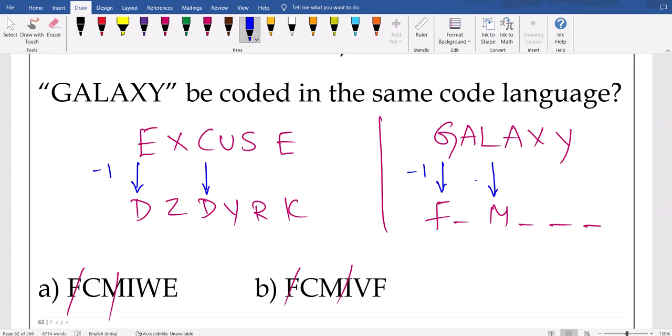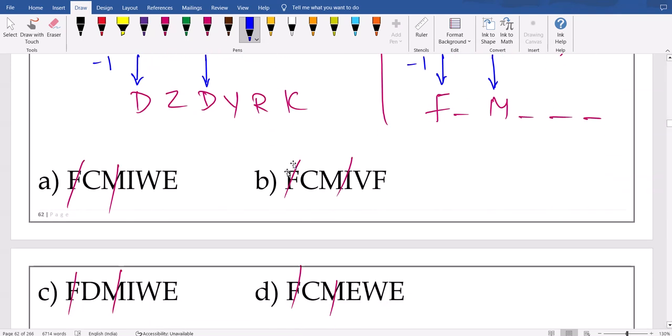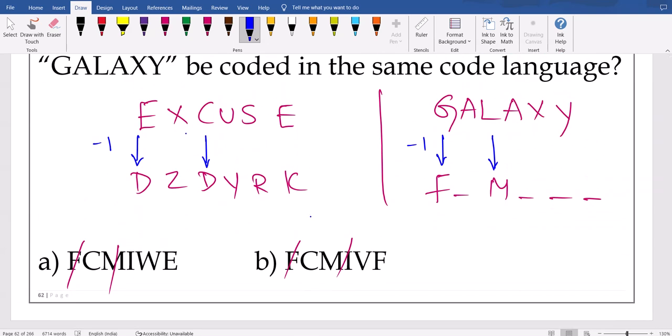Now focus on the options. Listen, the second letter: except one option, the remaining all have C. X plus 2 logic gives Z. Here A plus 2 means C will come. So F, C fine. But the deciding one is the fourth letter, U21, Y25.